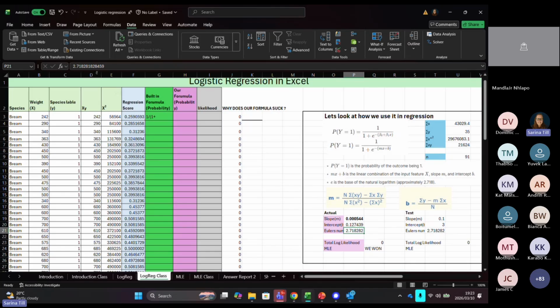Oh, I didn't put the equal sign. 1 plus Euler's number. That needs to be an absolute reference, okay? And what are we doing with that Euler's number? I think this also needs to be in brackets.